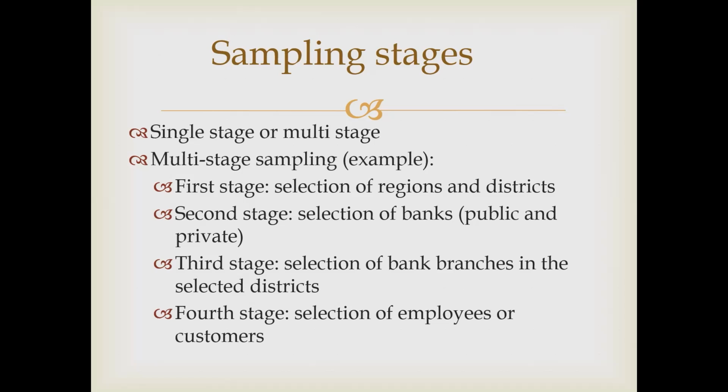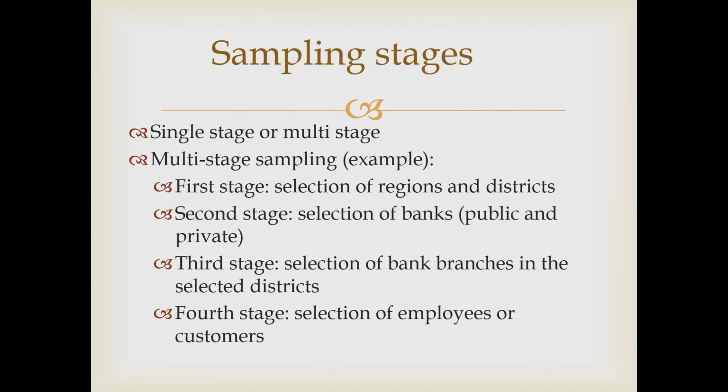So only in the fourth stage are you able to reach the employees or customers. This is called multi-stage sampling. This sampling procedure requires 4 stages to be representative of the population.